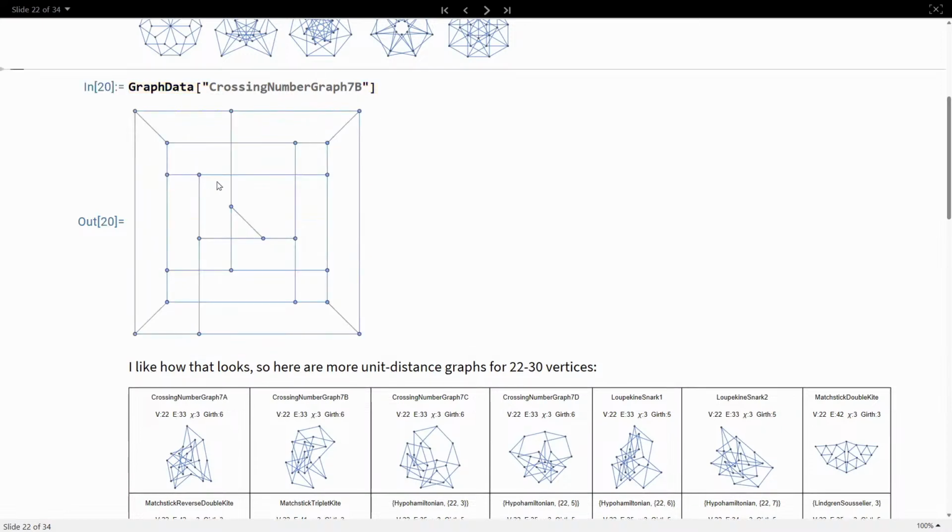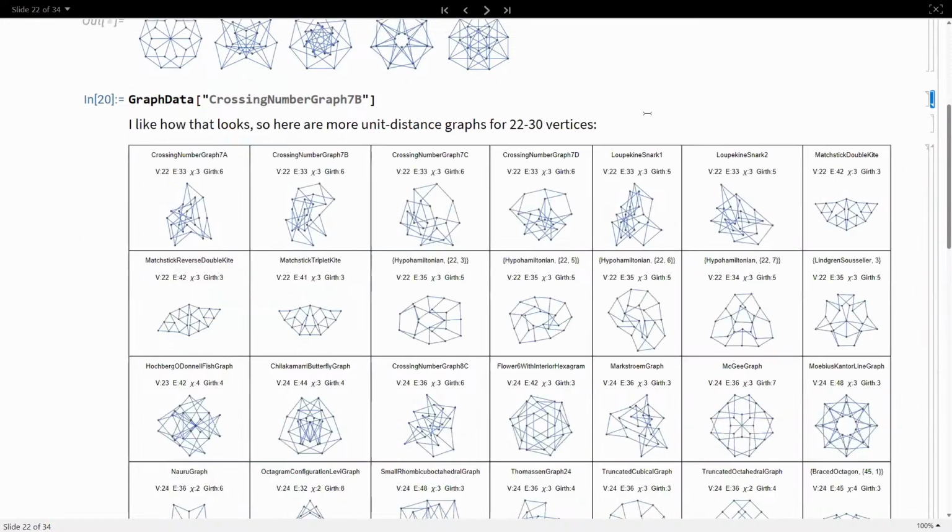So here's a graph with 7 crossings, and this is the fewest number of crossings for this particular graph. There's a total of, I believe, 5 of these cubic graphs on this number of vertices that require 7 crossings. And this is something I identified with Geoff Xu a few years back.